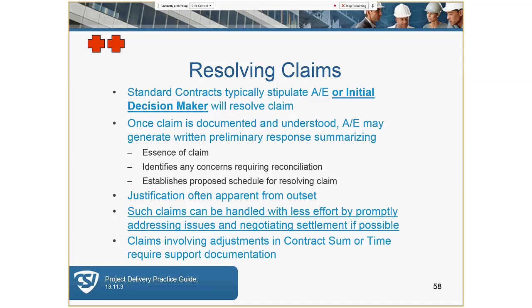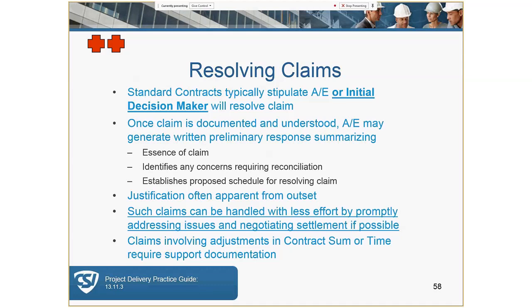So they can request additional data, reject the claim in whole or part, approve the claim. They can suggest a compromise or notify the parties that there's insufficient information to evaluate the merit of the claim, or if the initial decision maker has a potential conflict of interest.